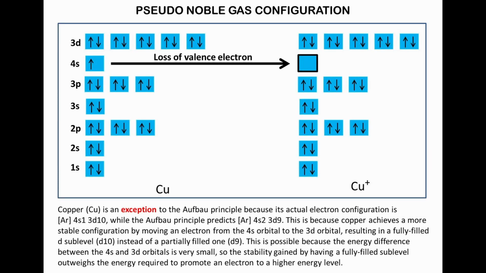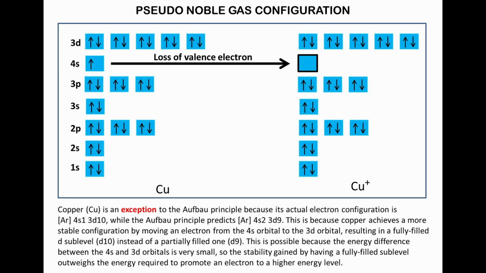Here is the electron configuration of the copper atom and the copper cation, after losing a valence electron. Note, copper is an exception to the Aufbau principle. Instead of having 2 electrons in the 4s orbital and 9 electrons in the 3d orbital, as the Aufbau principle predicts, it has a completely filled 3d orbital, with 1 electron in the 4s orbital.